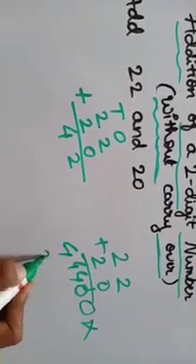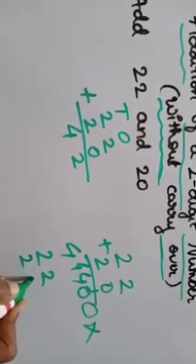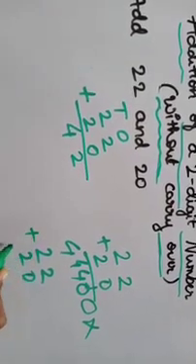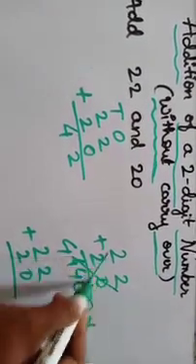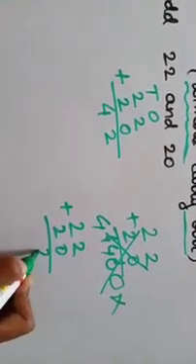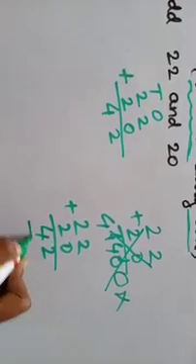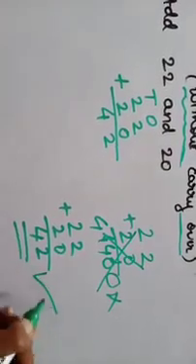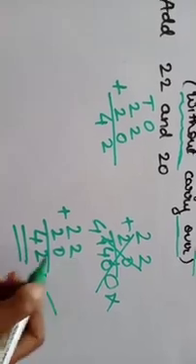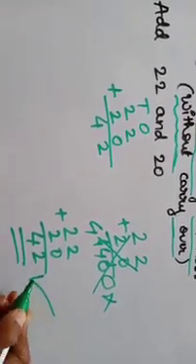So what you have to write? Below the number, that is 2, and here below the number, that is 4. This is the right method of writing the numbers. Got it children? Now itself you have to follow this method.